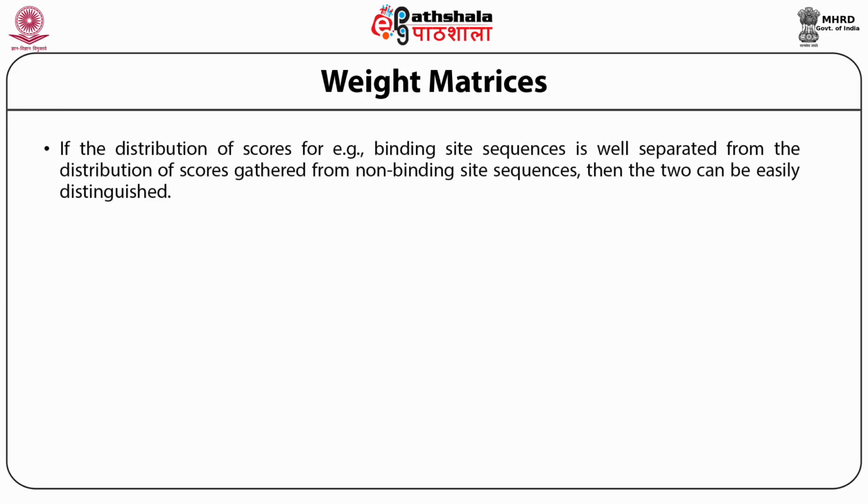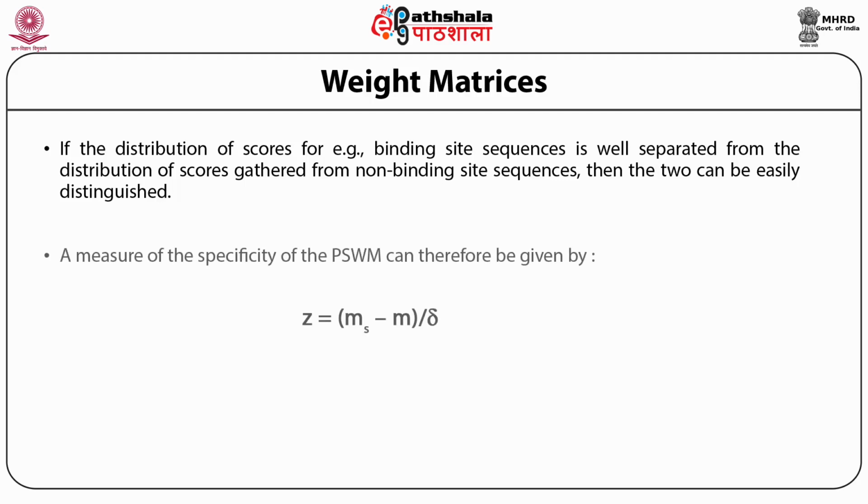If that is the case, I can do some statistics to say whether a given score is significant or not, and that can simply be done by the Z-score, which we first saw when we were analyzing BLAST in the previous module.